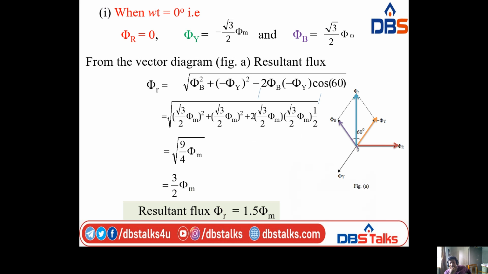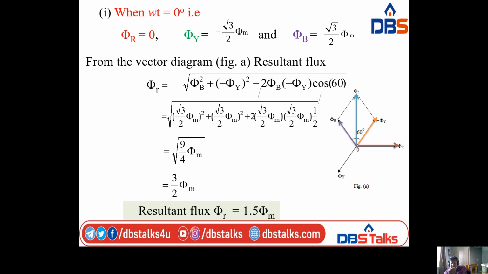Now, suppose we have to calculate the resultant flux at different instants. At any instant of time, the resultant flux must be the same. Then only will we develop a unidirectional torque in the rotor.